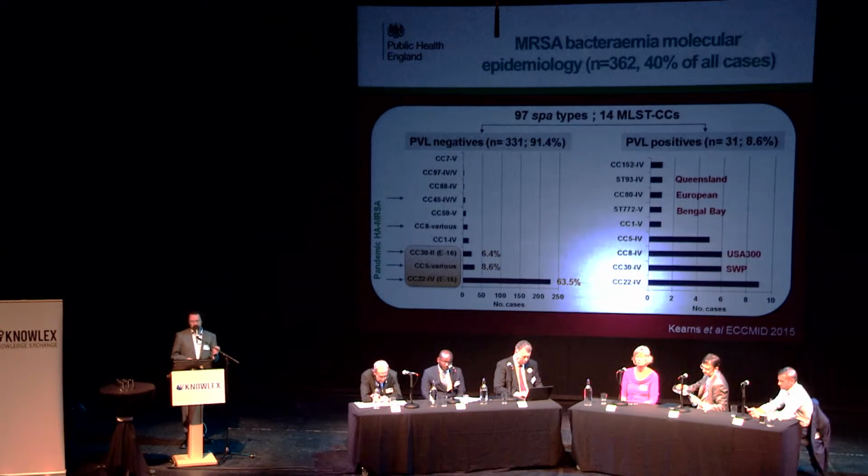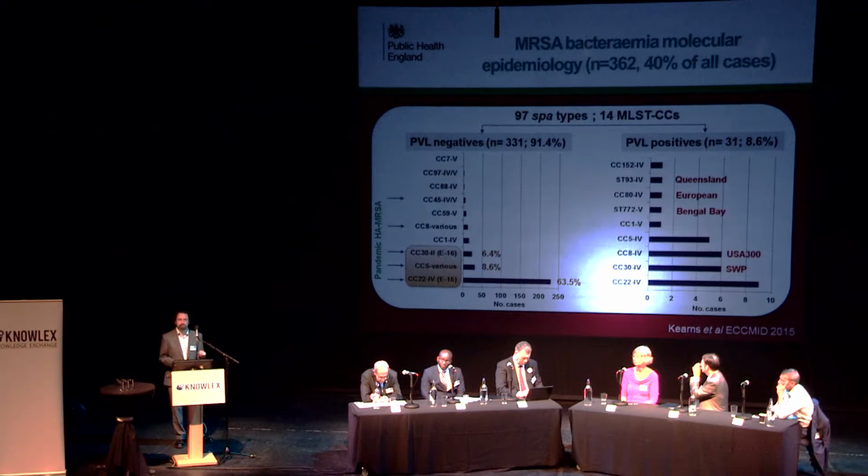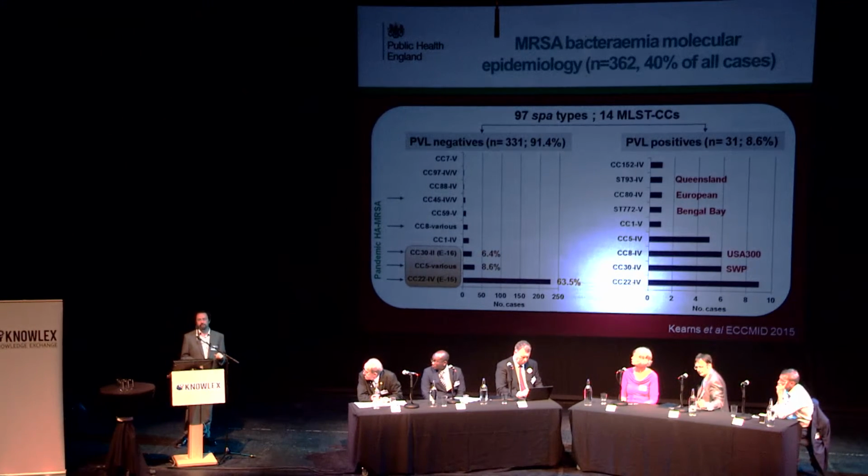We did a similar look at the strain typing of MRSA bacteremia back in 2007, and when we did that, we didn't see any Panton-Valentine leukocidin producing MRSA, which can be associated with poor patient outcomes. However, when we redid this back in 2014, we saw 8.6% of all our MRSA bacteremias were PVL positive.